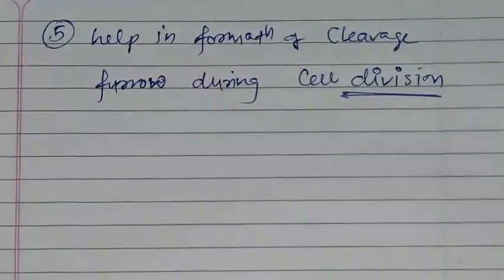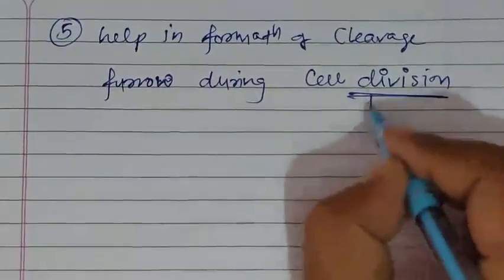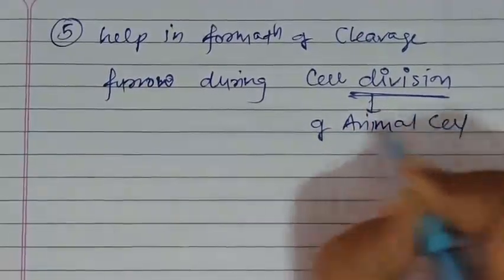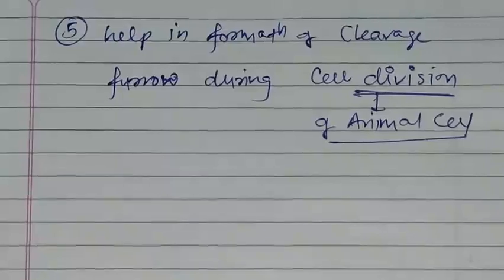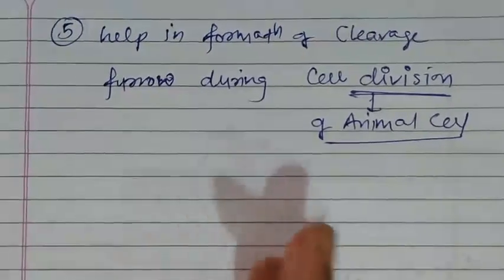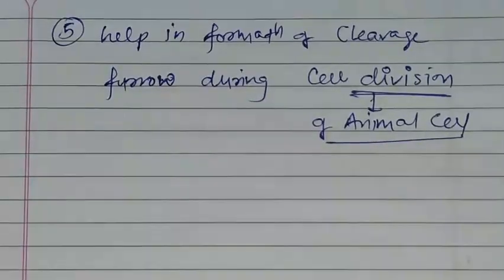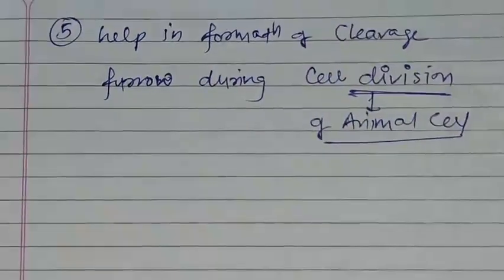Cleavage furrow formation occurs in cell division of animal cells, whereas cell plate formation is facilitated by the microtubules. And here, for the cleavage furrow in animal cells, the microfilament will help. So these are the functions of microfilament.